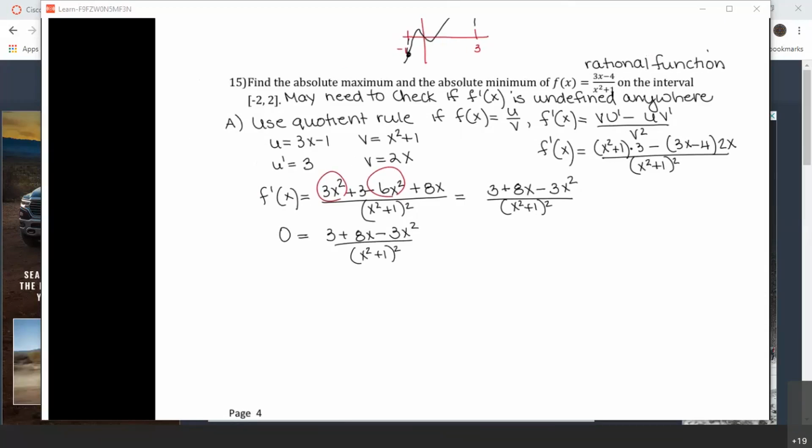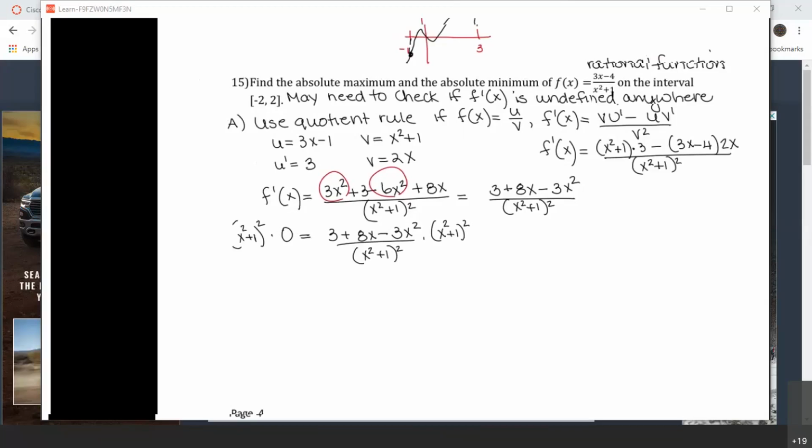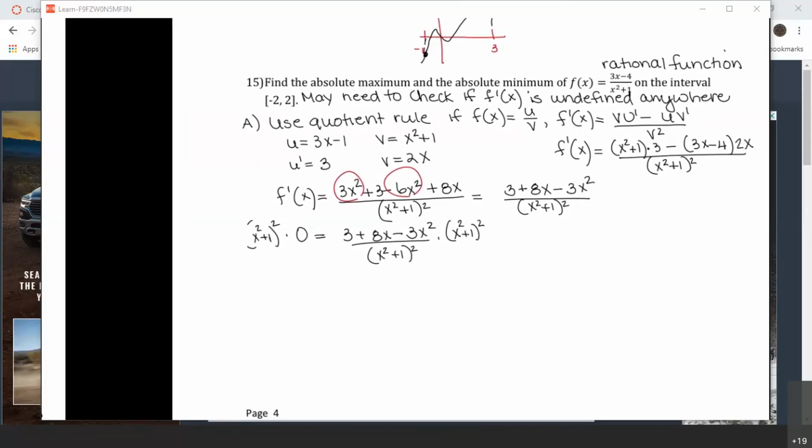All right. Well, the first step is going to be to try to get rid of the denominator, so I'm going to multiply both sides by the denominator. And you can see it goes away over here, thank goodness. And I'm multiplying it by 0 on the left, so it stays 0.